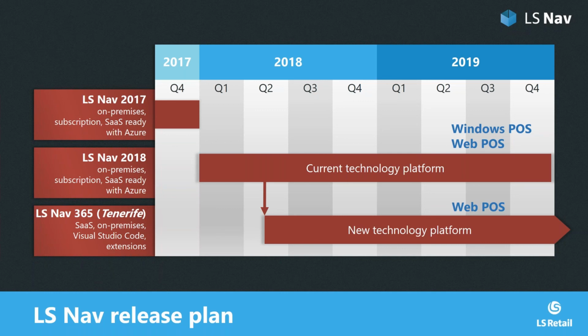And then on the Tenerife or the 365, we will only support Web POS. And the reason is that that's a cloud solution, and we believe we need a Web POS that is able to exist within the cloud solution going forward.